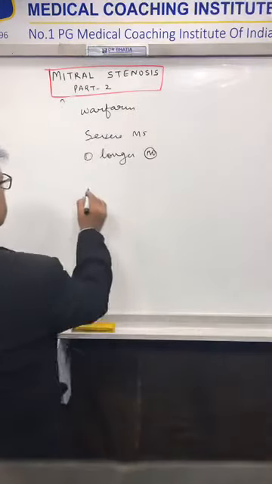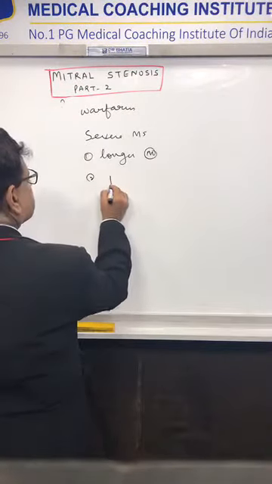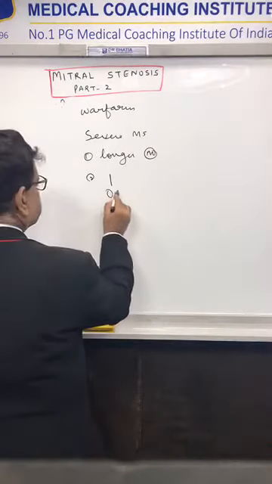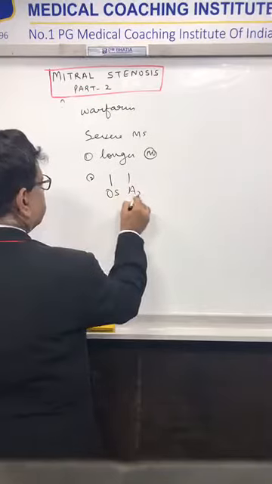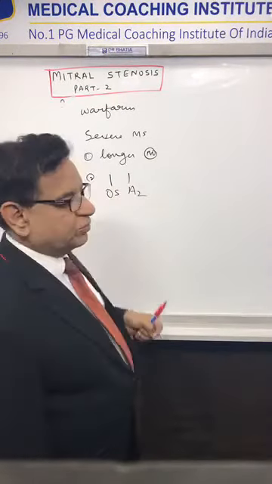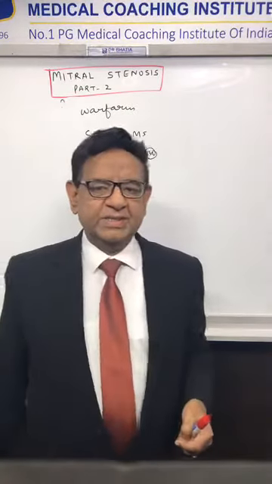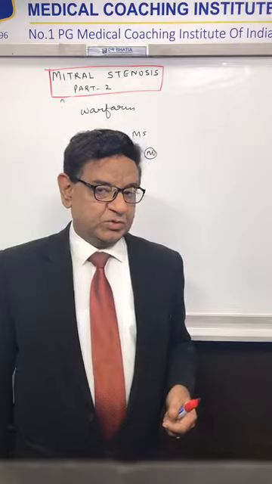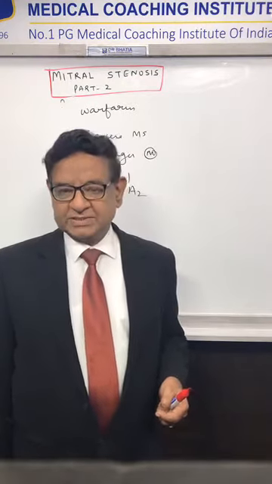Number 2: this is the opening snap. This is A2. A2 is the second sound. The closer the opening snap to A2, the more severe is mitral stenosis. There are 2 criteria of severe mitral stenosis.